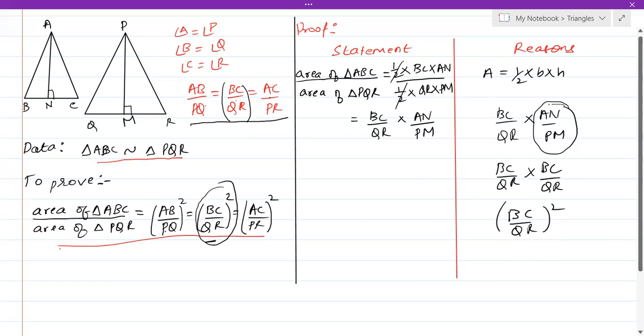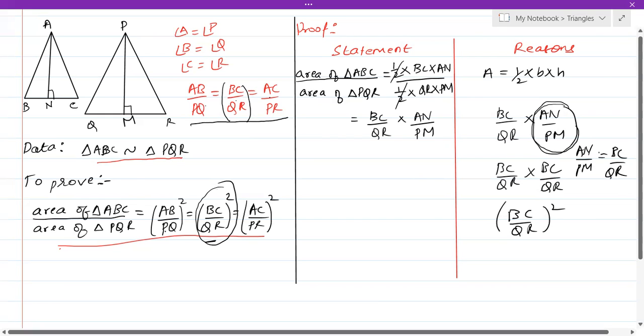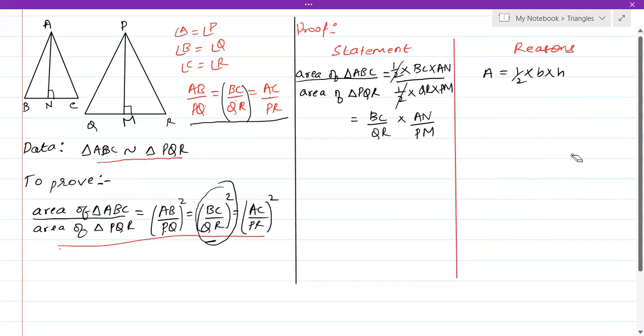If we prove AN by PM is equal to BC by QR, then our theorem is done. So that's what we are going to do. For that, we have to prove BC by QR is equal to AN by PM, isn't it?